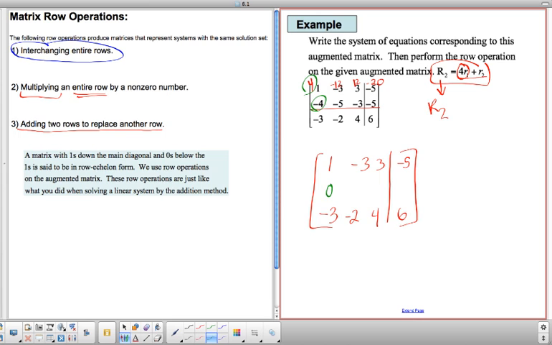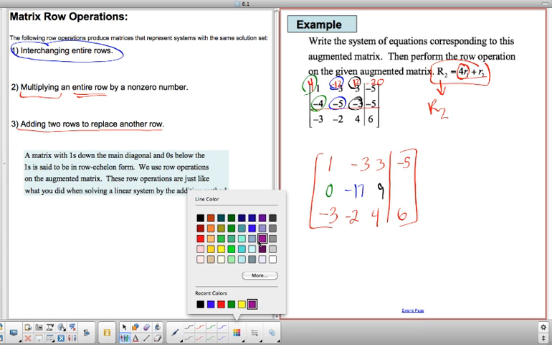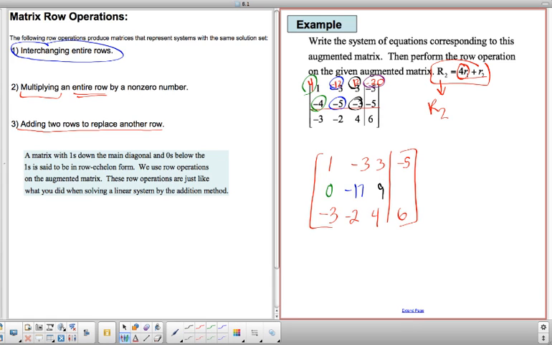Next, negative 12 and negative 5 give negative 17. Next, 12 and negative 3 give 9. And last but not least, negative 20 and negative 5 give negative 25. I just performed a row operation on this matrix. So that's our first step, learning how to perform row operations. Then we'll use them to solve systems.